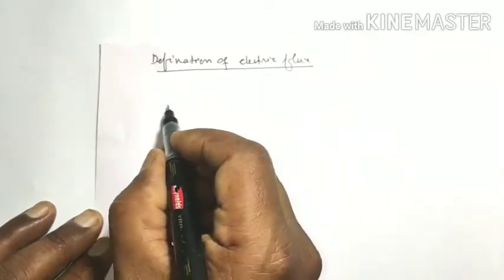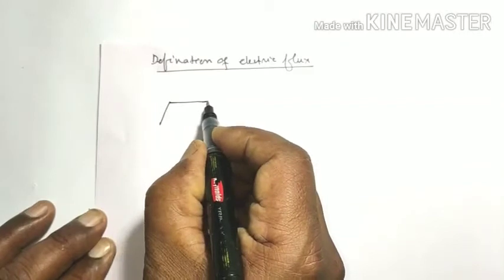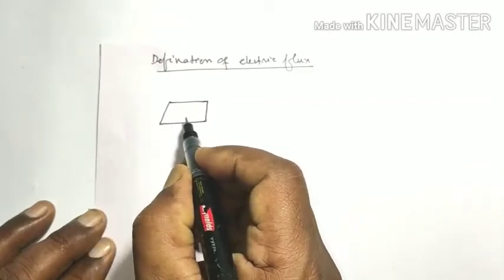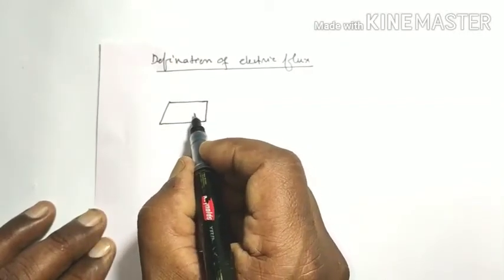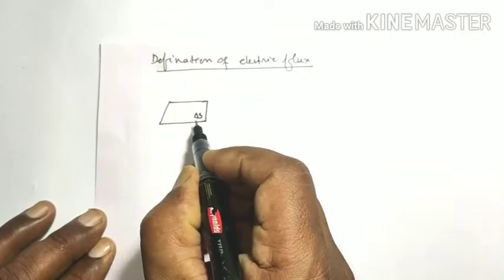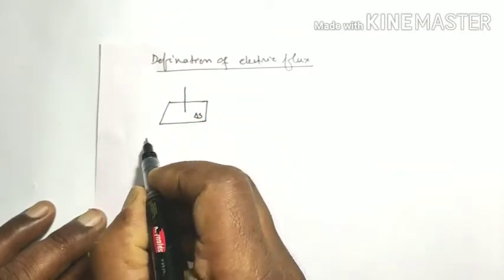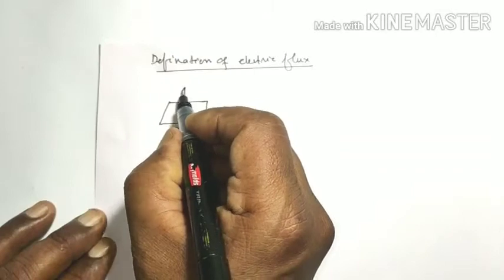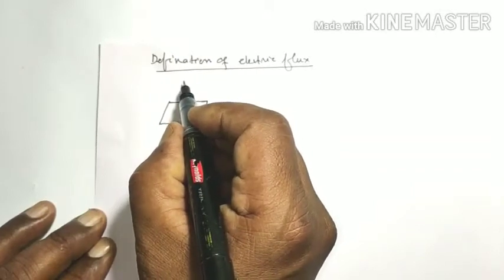So before defining electric flux, first define area vector. Area delta S, we draw a normal which is positive normal.